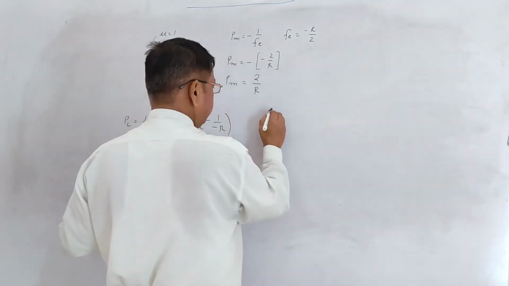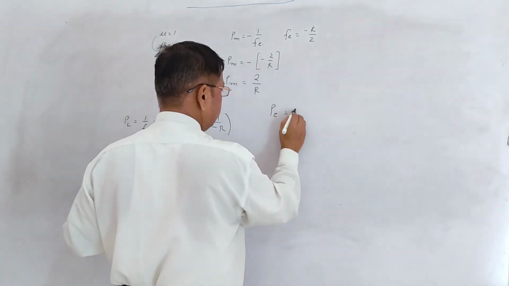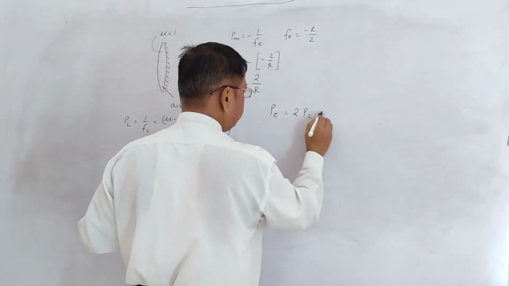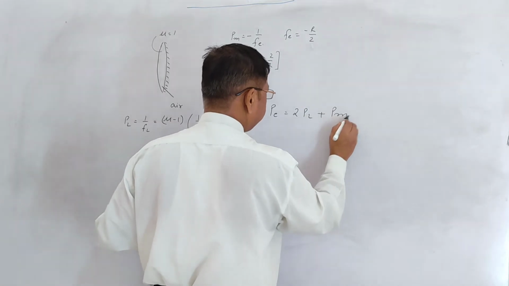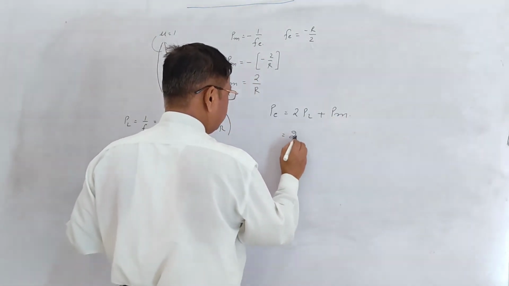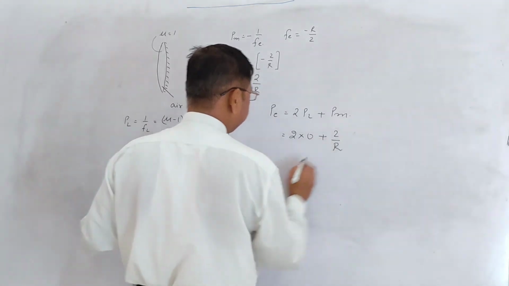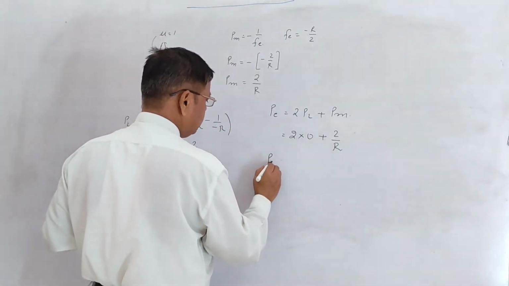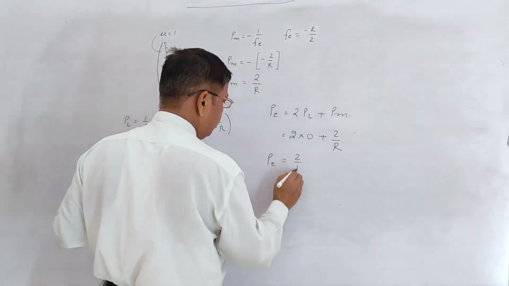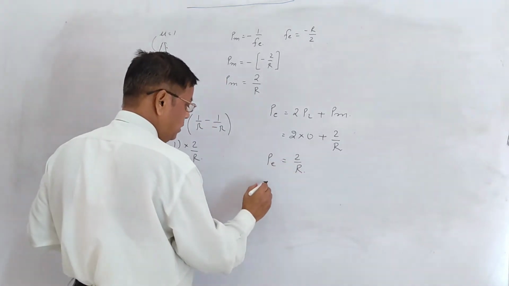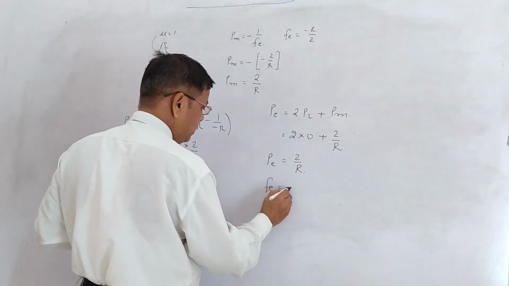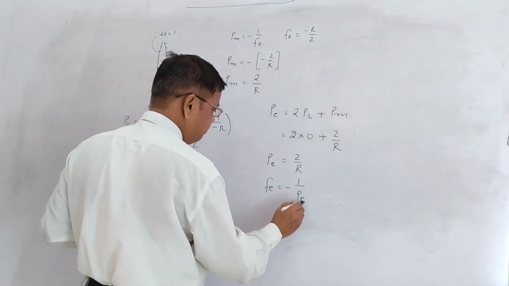Now apply: effective power is 2 times power of lens plus power of mirror. So it is 2 times 0 plus 2 by R, so it is 2 by R. Now effective focal length is minus 1 by PE.